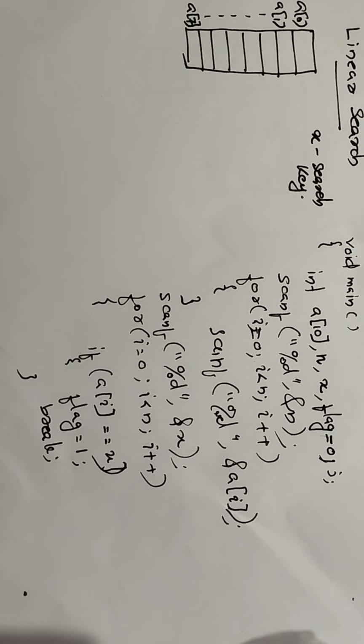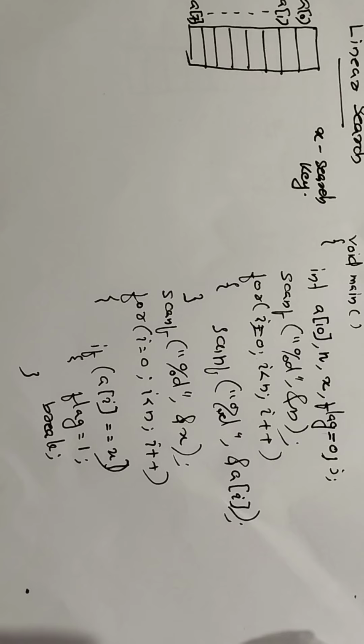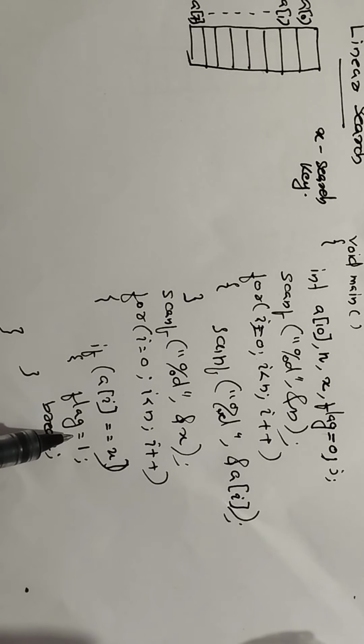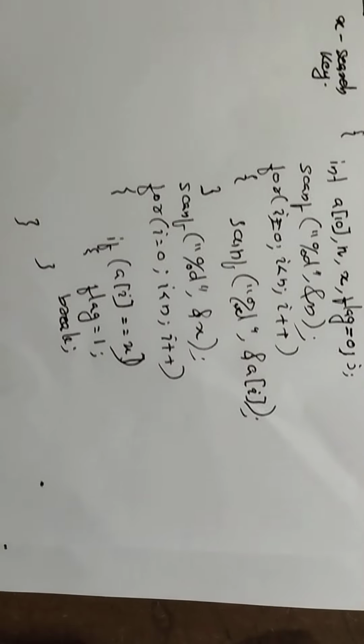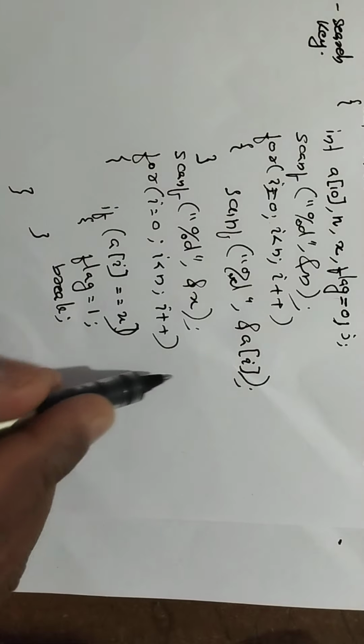The break statement will transfer control from the loop to the outside of the loop. So at this time, if the element is found, it will exit from that loop. That is the idea here.